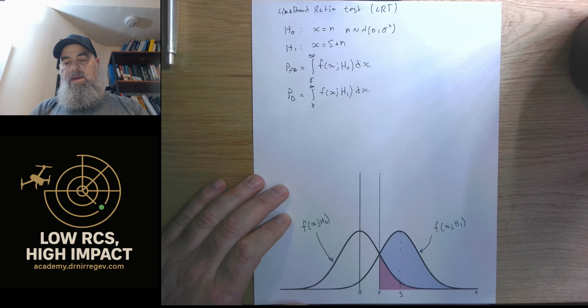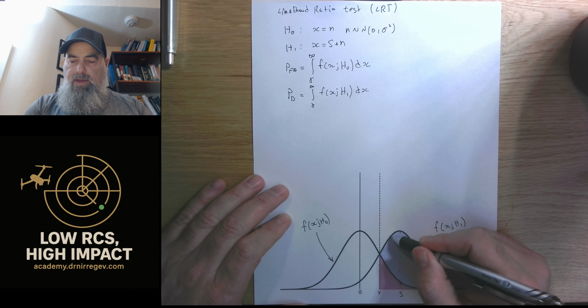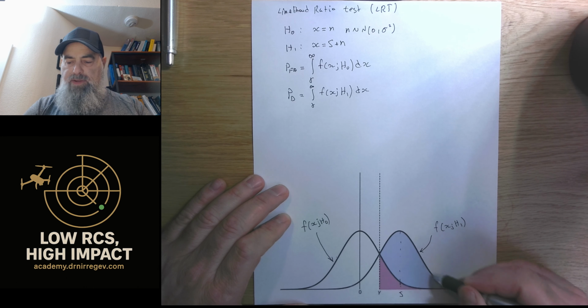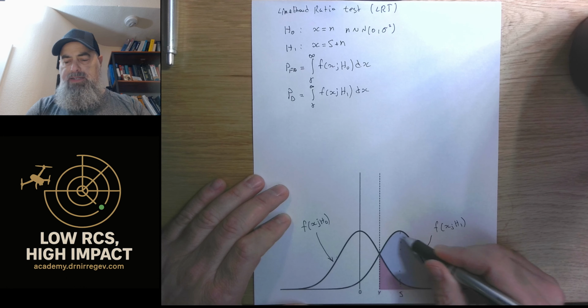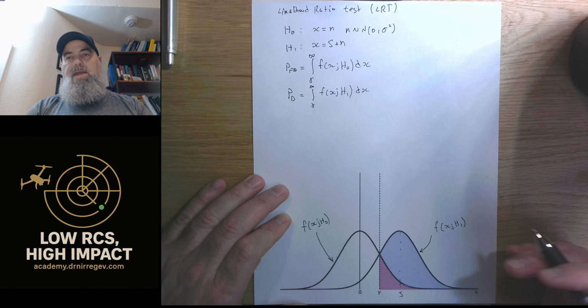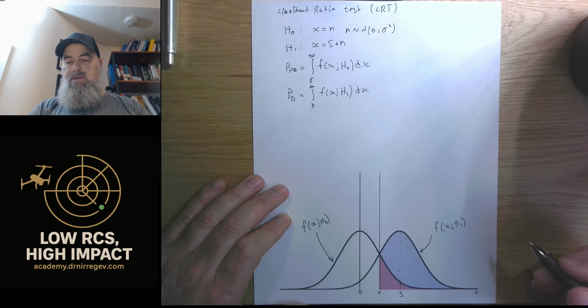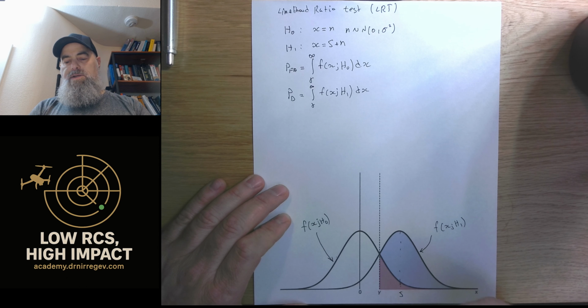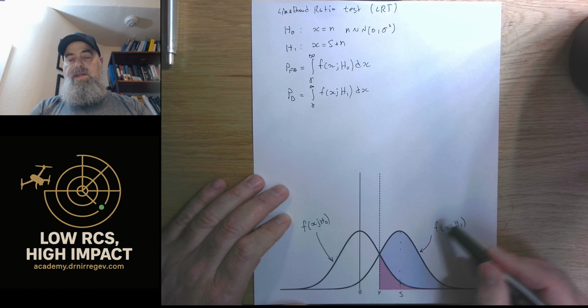Okay, and similarly, the integral from gamma to infinity over this Gaussian, the Gaussian that represents the signal plus noise, will be the detection probability. Okay, 1 minus the detection probability is the miss probability, which is the tail area under this PDF.